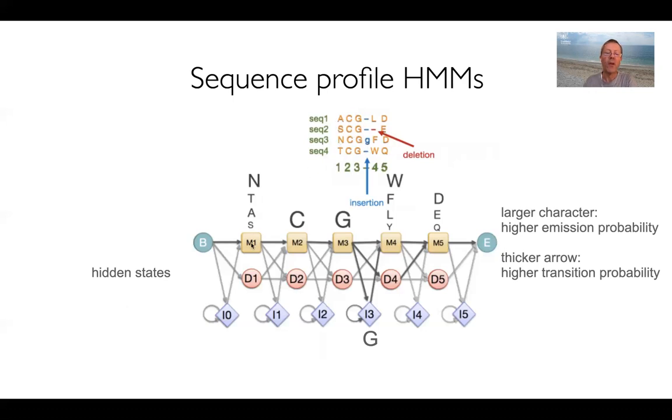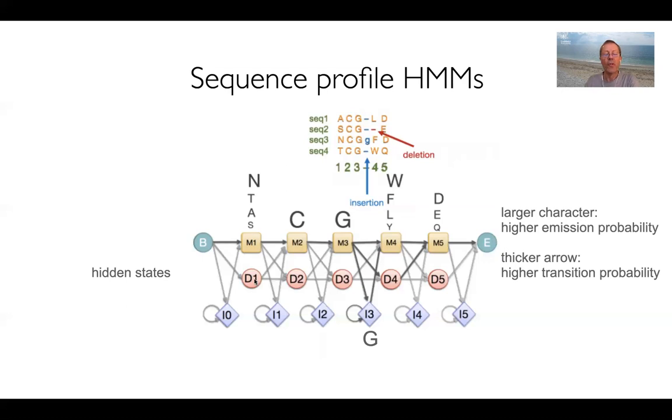That's modeled in the HMM by saying that the emission probability of asparagine from state M1 is high, so it's a large character here. Threonine is also there, but not quite as high a frequency, so it has a decent emission probability, as do alanine and serine. And then there are some residues that have very low frequencies here, and they have correspondingly low emission probabilities from M1. And so on for the other states here.